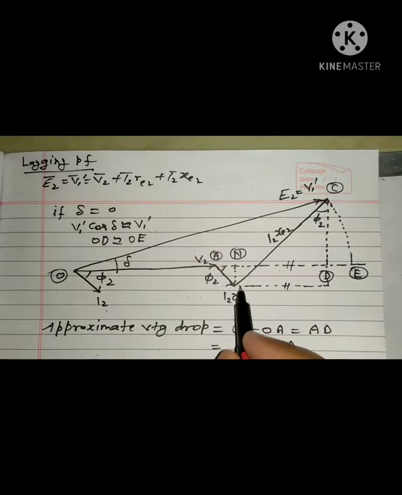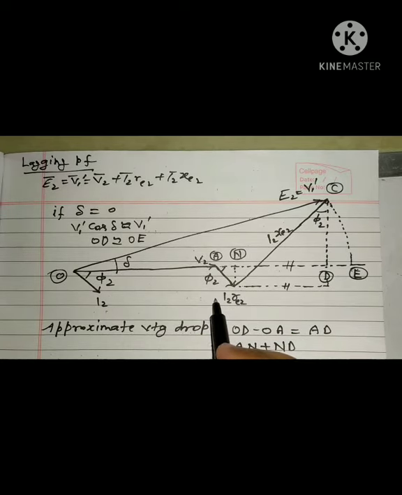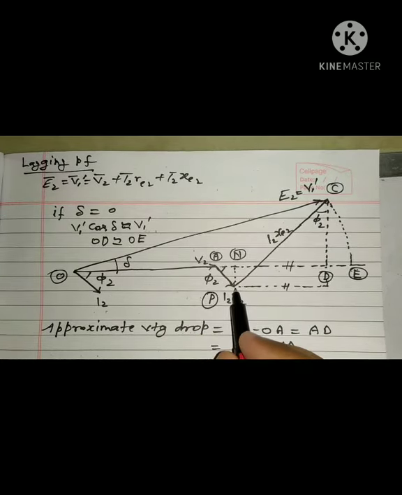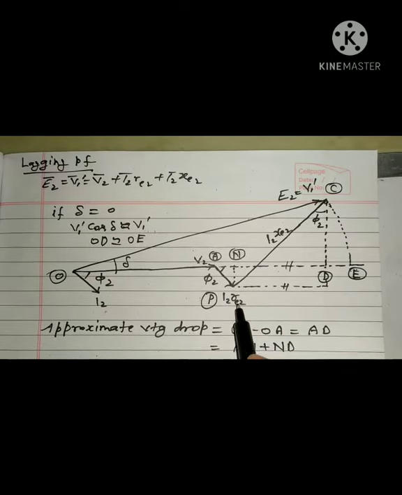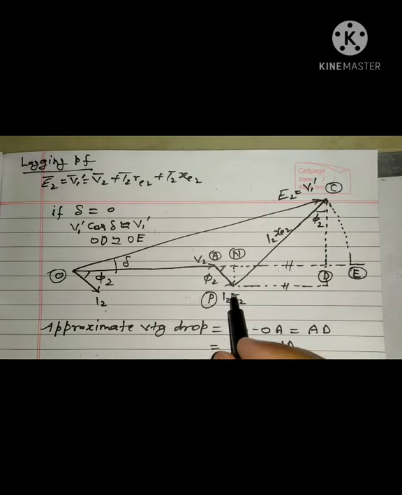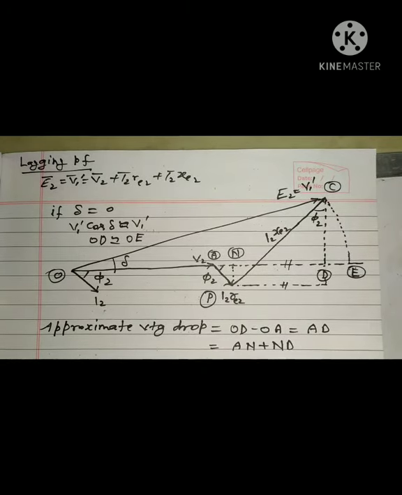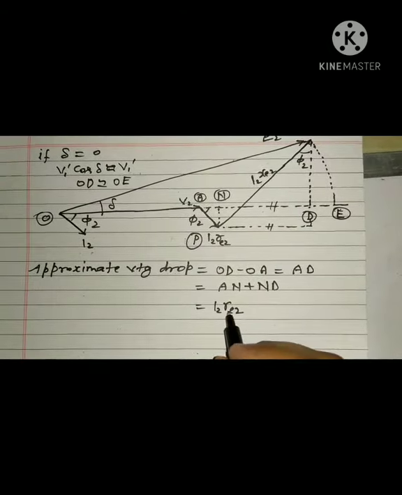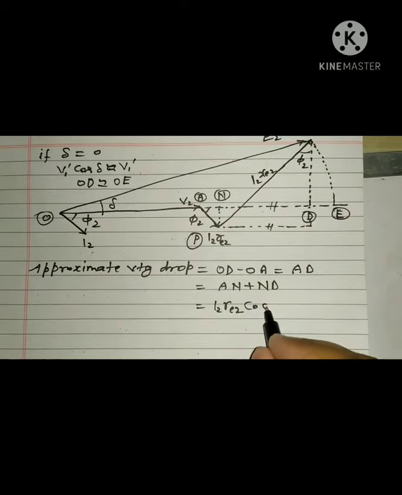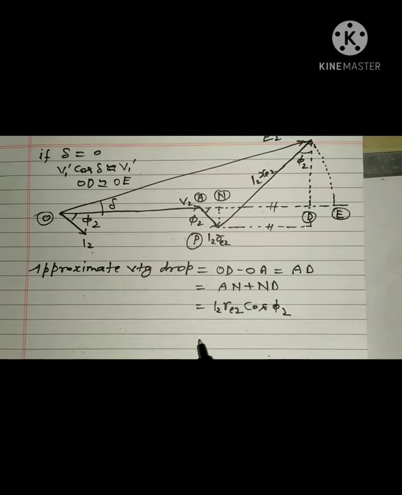If I take this right angle triangle ANP, then AN will be I2 RE2 cos phi 2.